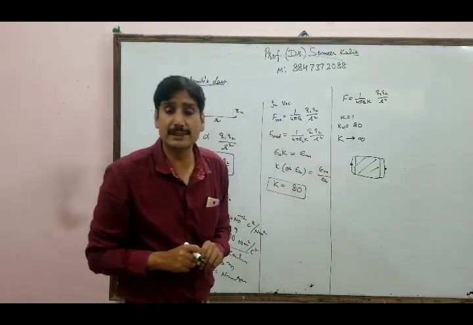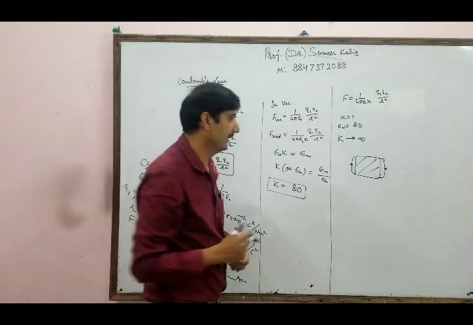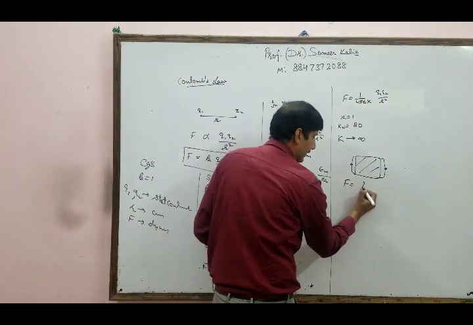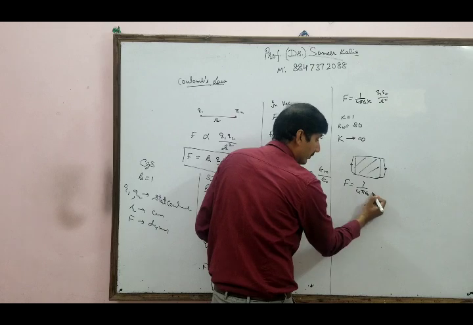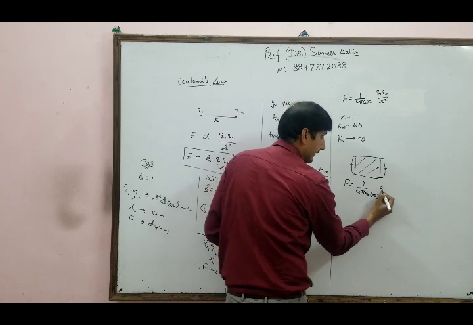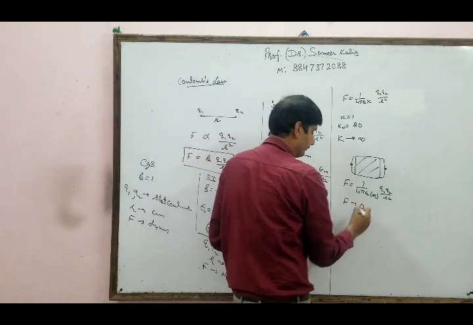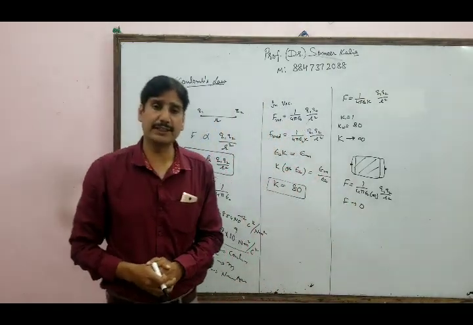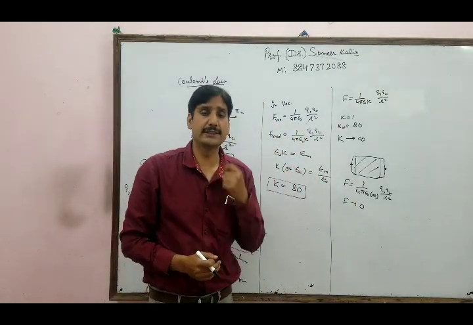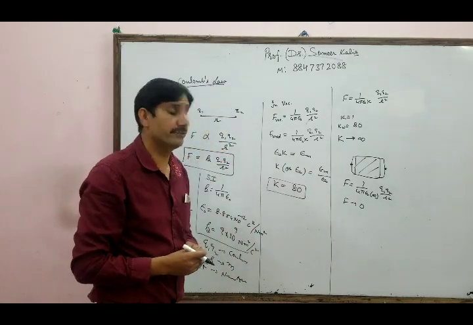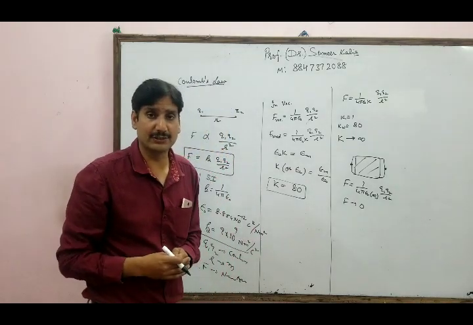Now, what will be the force between these two charges? F will be 1 by 4 pi epsilon naught, and here K is infinity. So, what would be the force? As K is tending to infinity, the force is tending to 0.